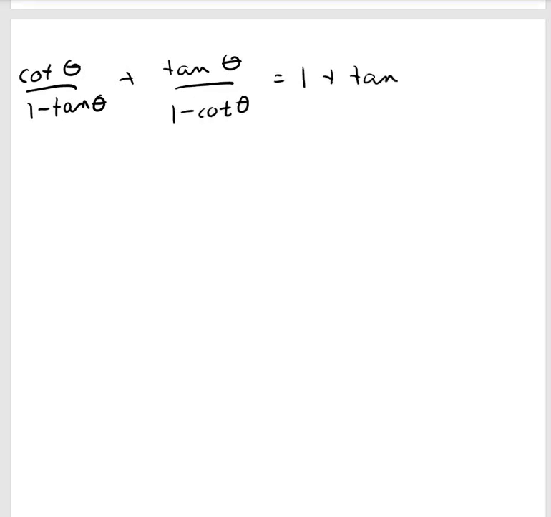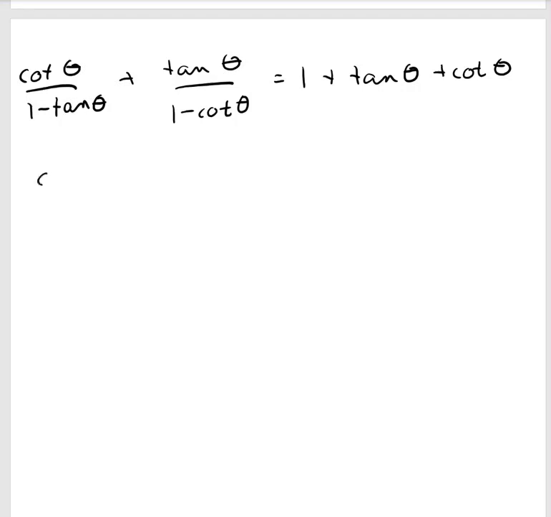So let's try one more. This one says cotangent of theta over (1 minus tangent of theta) plus tangent theta over (1 minus cotangent of theta) is equal to 1 plus tangent of theta plus cotangent of theta. All right, so really big problem, and what I think to do is, what if I put everything in terms of sine and cosine, just as a place to start.